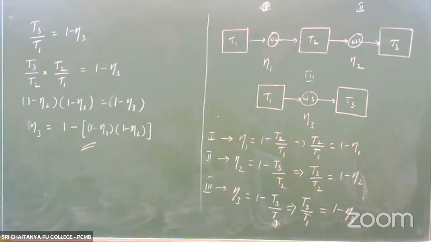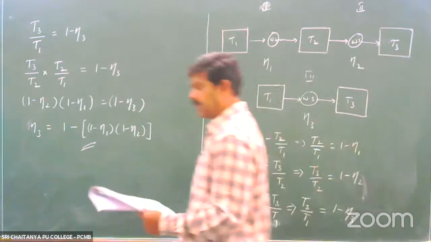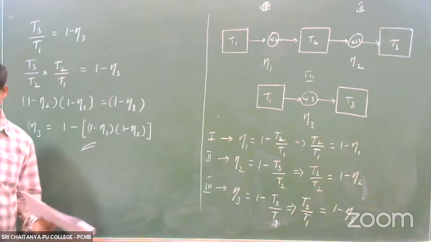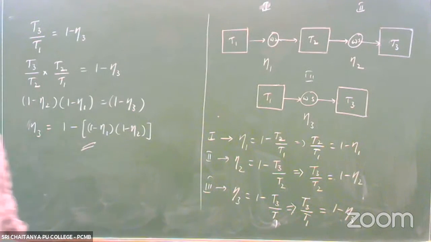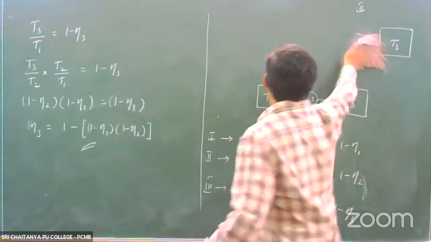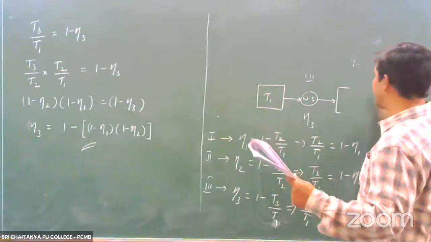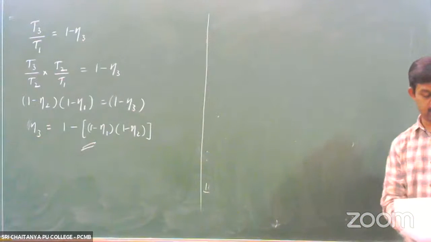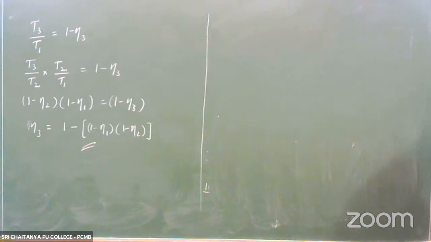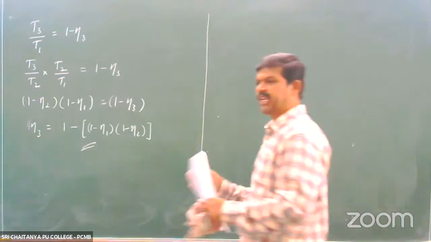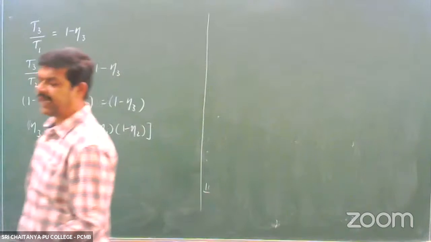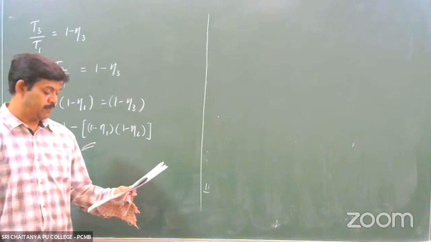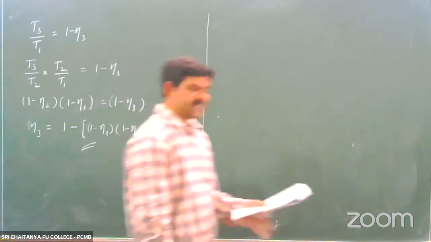Completed? Right, one problem. A Carnot engine whose efficiency is 40% takes heat from a source maintained at a temperature of 500 Kelvin.